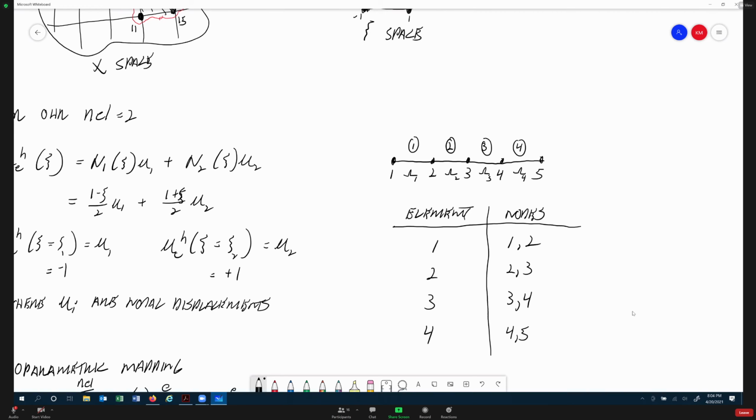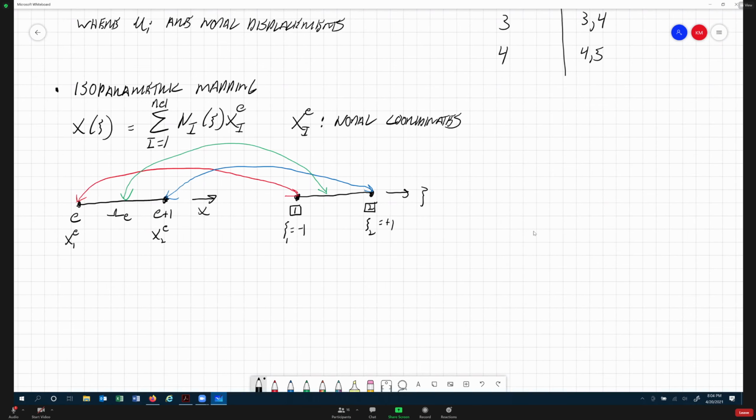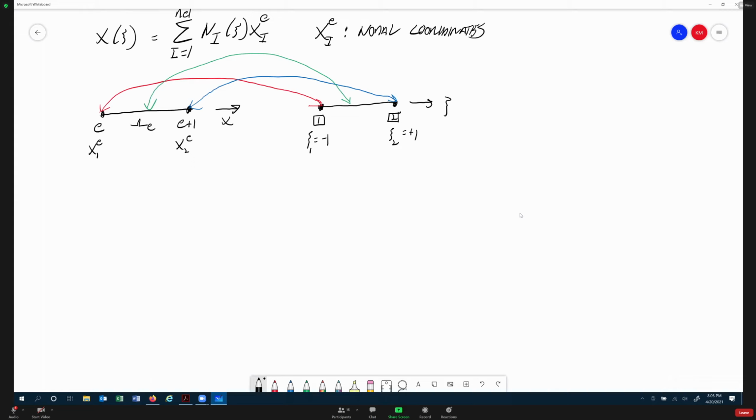Okay, so we have Lagrange shape functions, or Lagrangian shape functions.